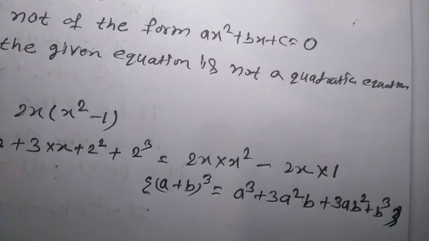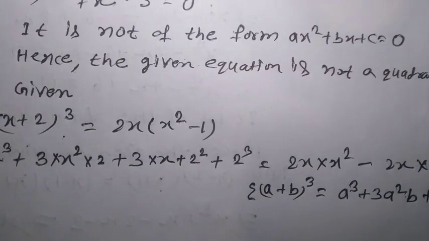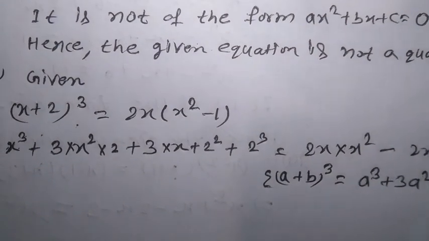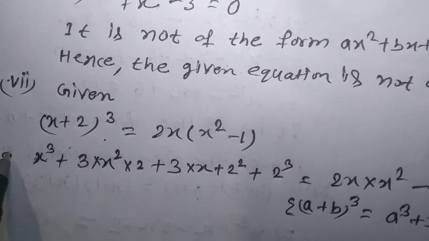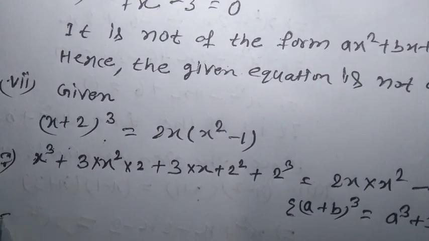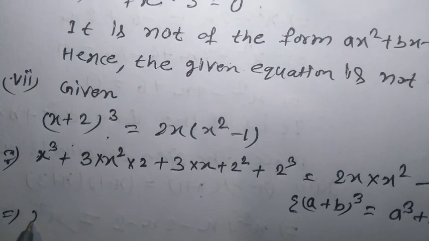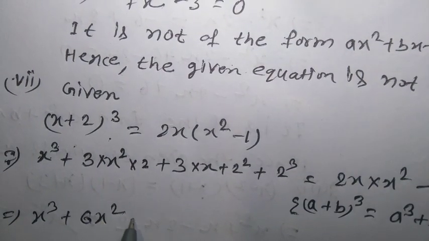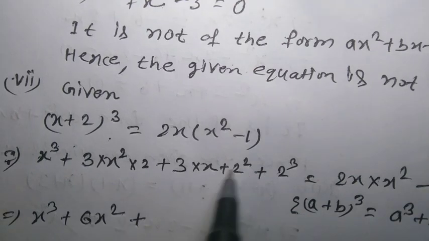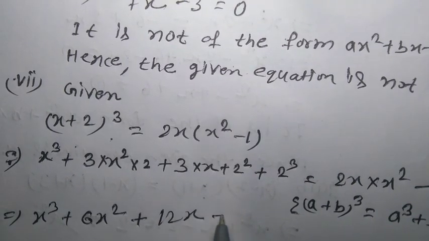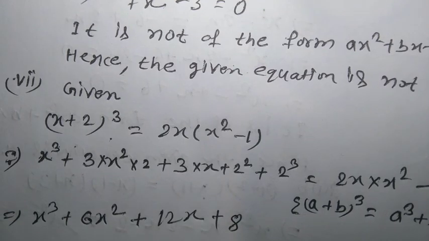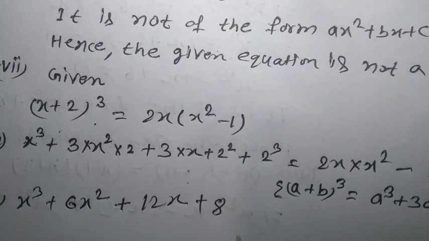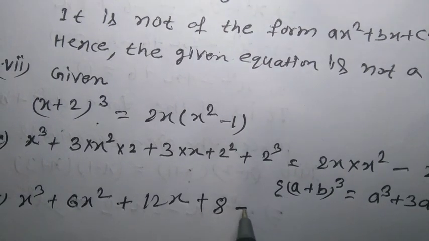Okay, now implies x cube plus 6x square plus 2 times 3 is 12x plus 2 to the power 3 is 8, is equal to 2x cube minus 2x.